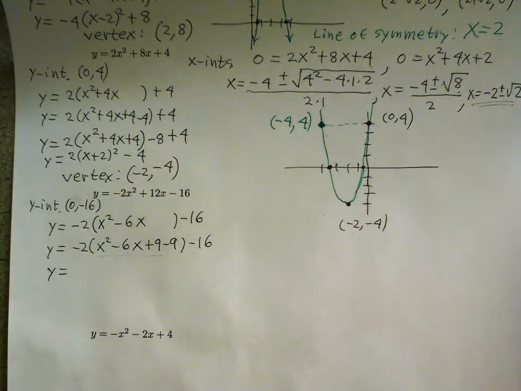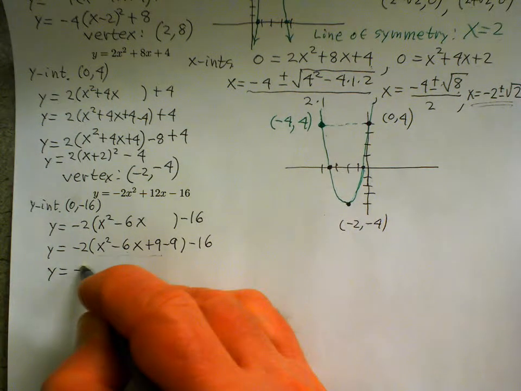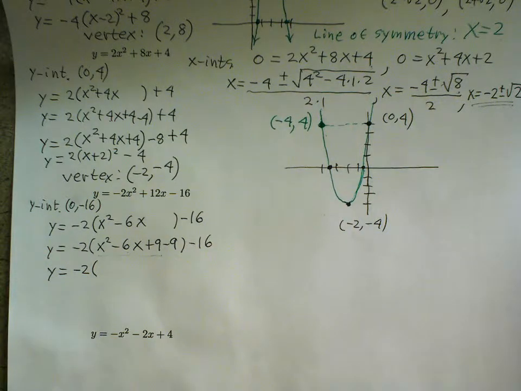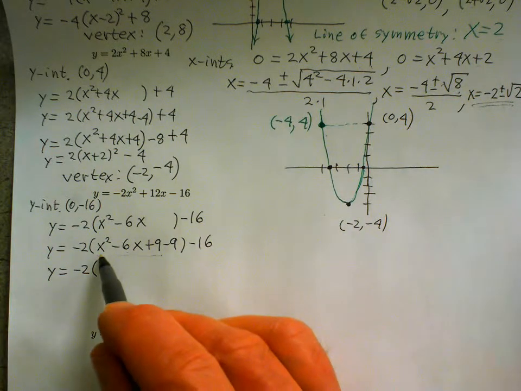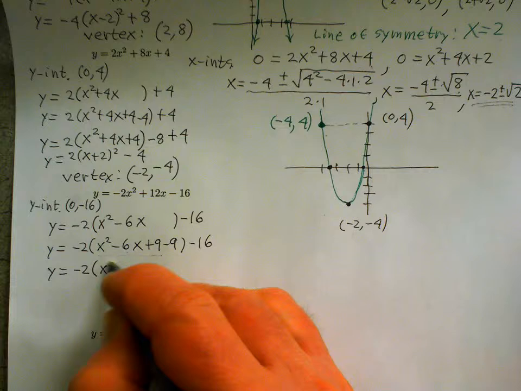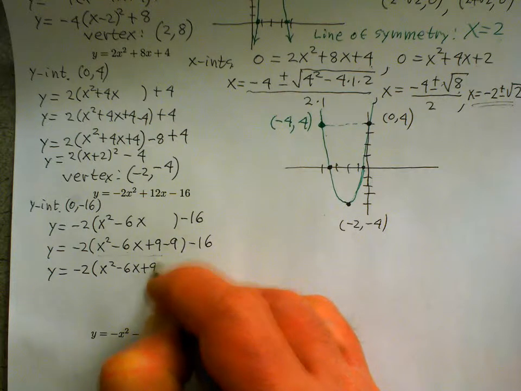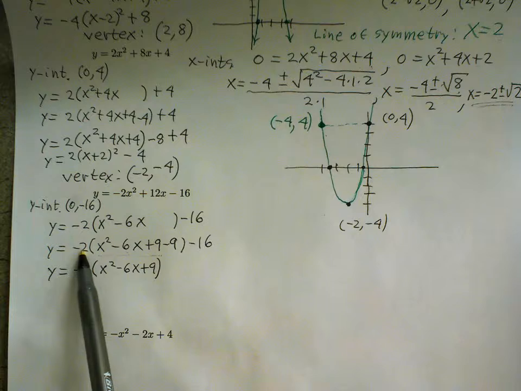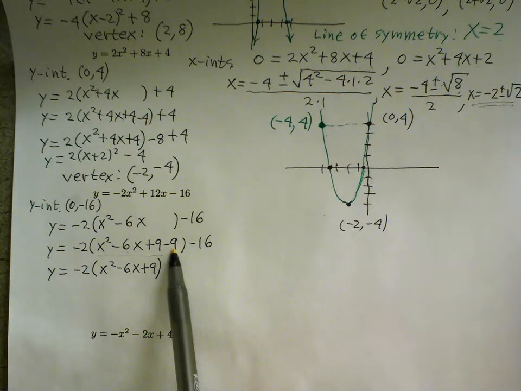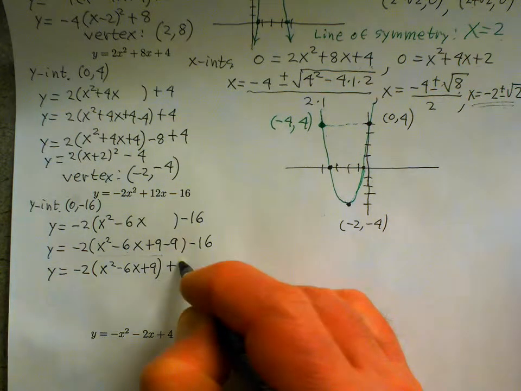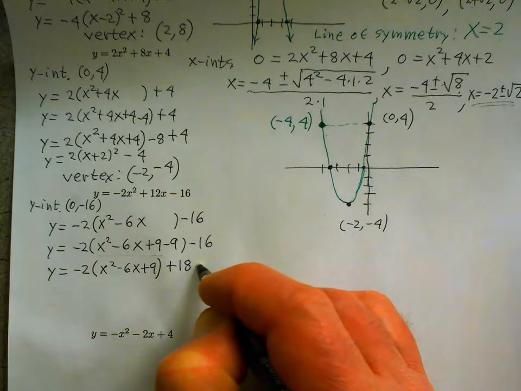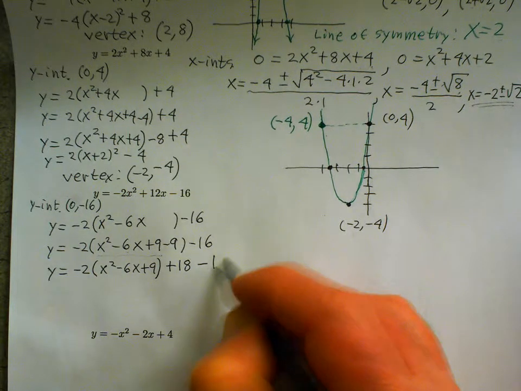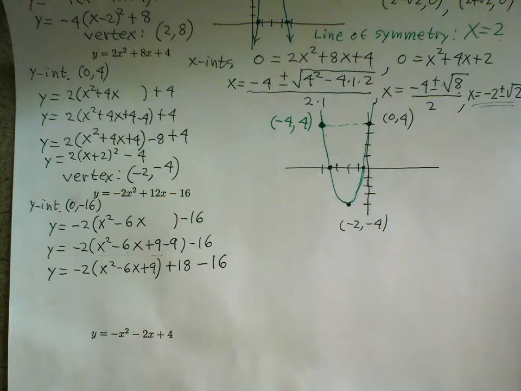Then in the third step, we have -2 times the perfect square trinomial, x squared minus 6x plus 9. And from the second step, we apply the distributive property by multiplying -2 times -9, which is positive 18. So we put plus 18 on the outside of the parentheses, together with the minus 16 that's already on the outside.